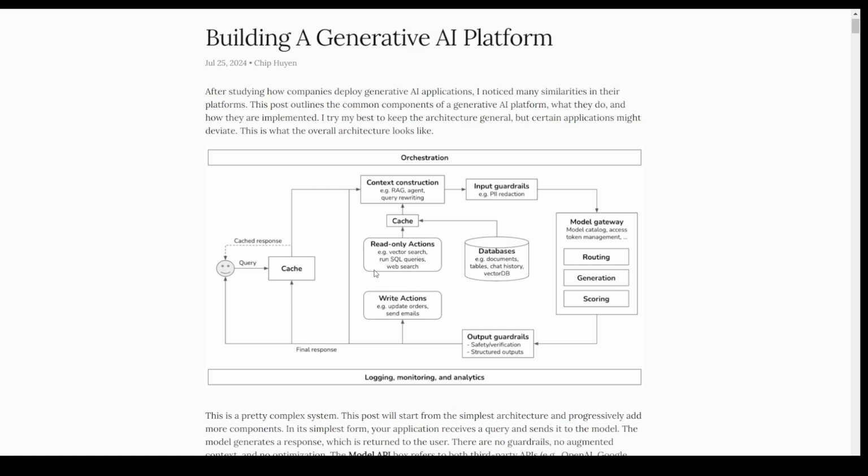Then in the third session, we learned about model routing and the model gateway, because a lot of times users might give all sets of different inputs and we might have a set of services. So for the correct input, we need to route it to the correct service. A lot of times these gateways also help us implement fallback policies or fallback mechanisms so that our services stay up even during downtime.